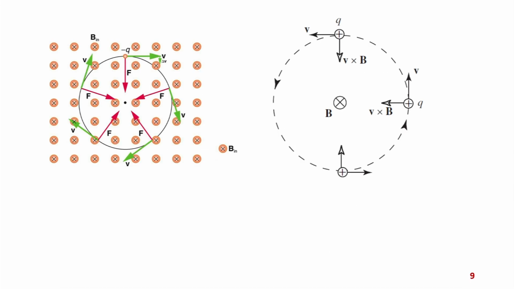Because of that, what will happen? Since the force is perpendicular to the velocity direction, it is acting something like a centripetal force. So, this F is like a centripetal force.